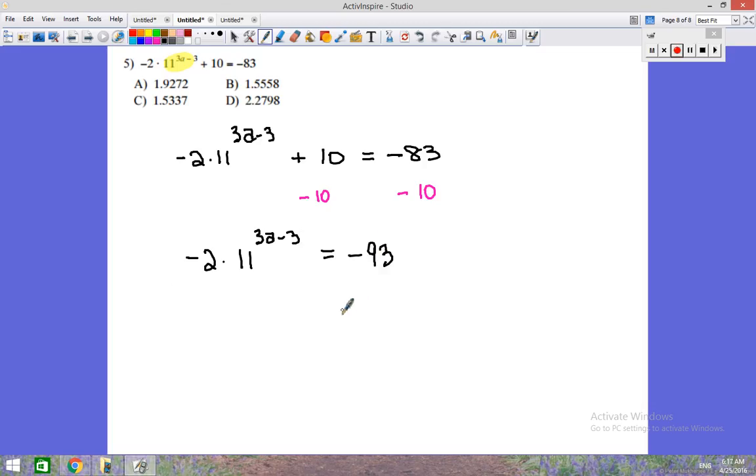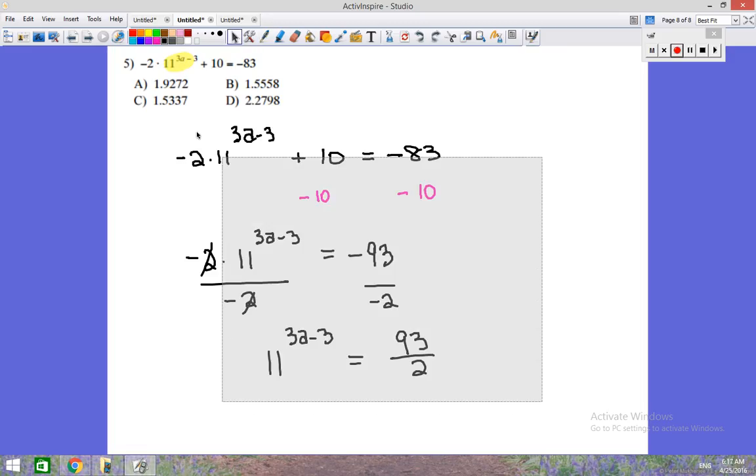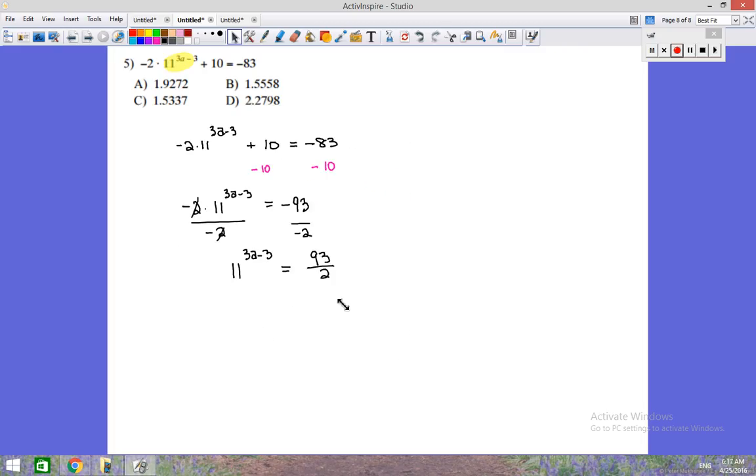And let's divide each side by negative 2. Negative 2 divided by negative 2 is 1. We've accomplished our first goal, which was to get that factor that contained our variable by itself. The inverse of exponentiation is logarithms.